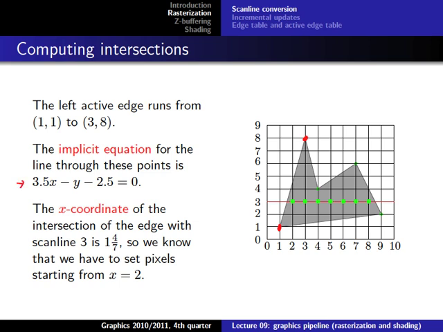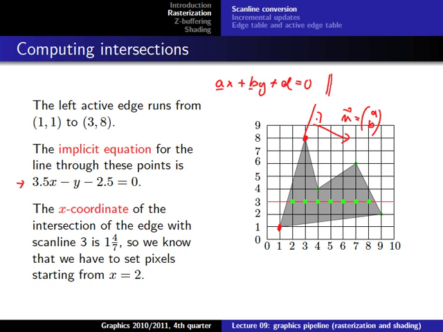So remember, the implicit equation was ax plus by plus d equals 0, and the vector (a, b) is the normal vector.